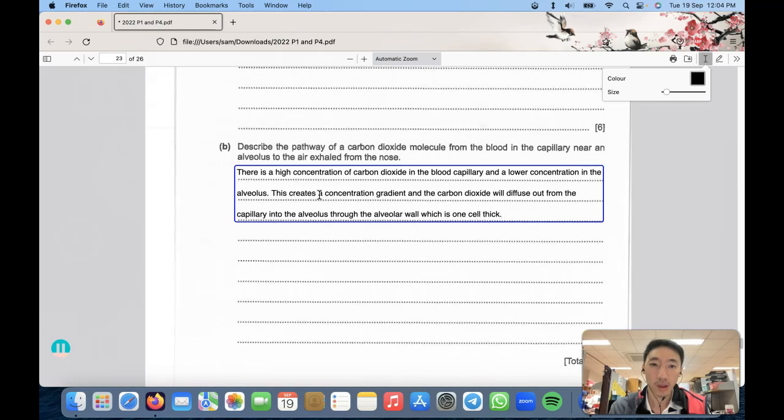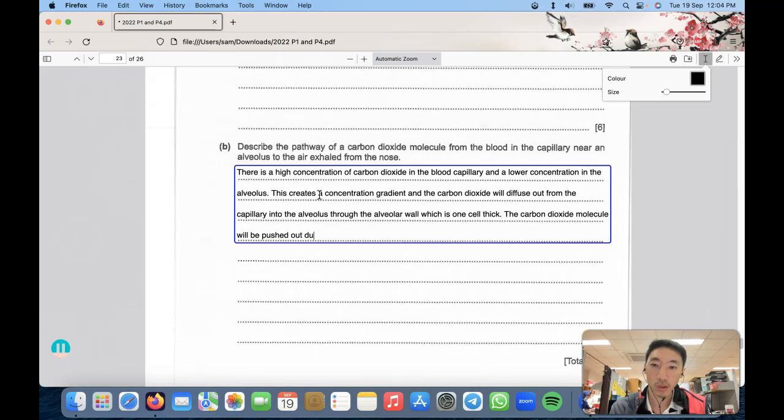Then the carbon dioxide molecule will be pushed out during exhalation as the pressure in the lungs is high.